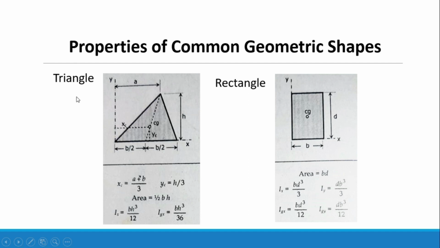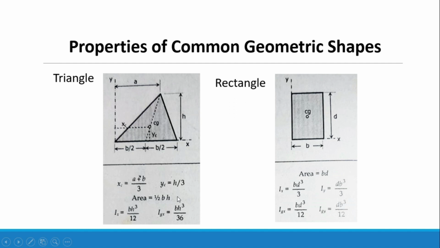Or if the axis is above the point of this triangle, y sub c is equivalent to 2/3 of h. From this point going to this maximum point, the distance is 2/3 of h, or in this case, from the x-axis to the centroid, the distance y sub c is equal to 1/3 of h.